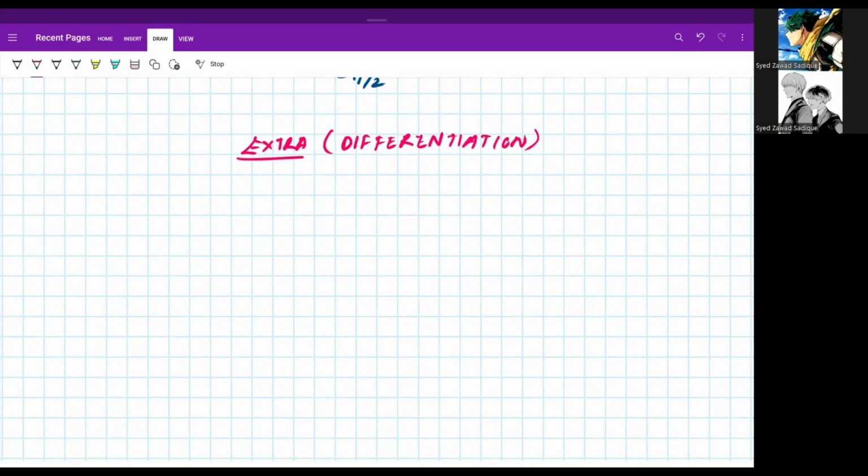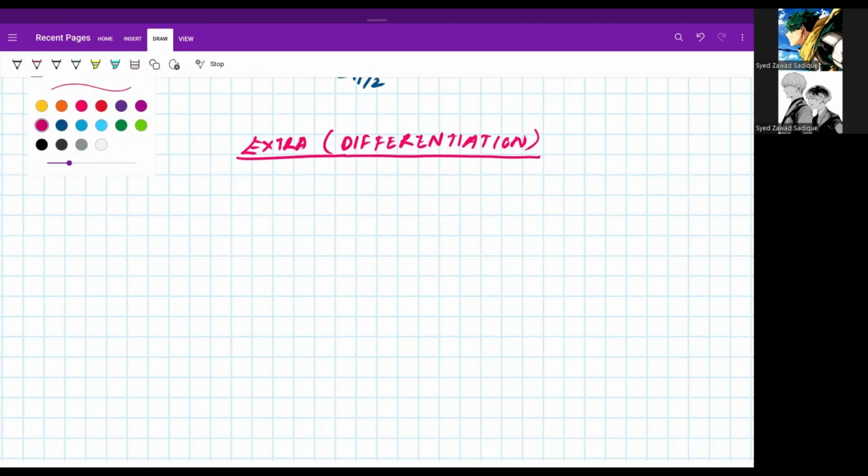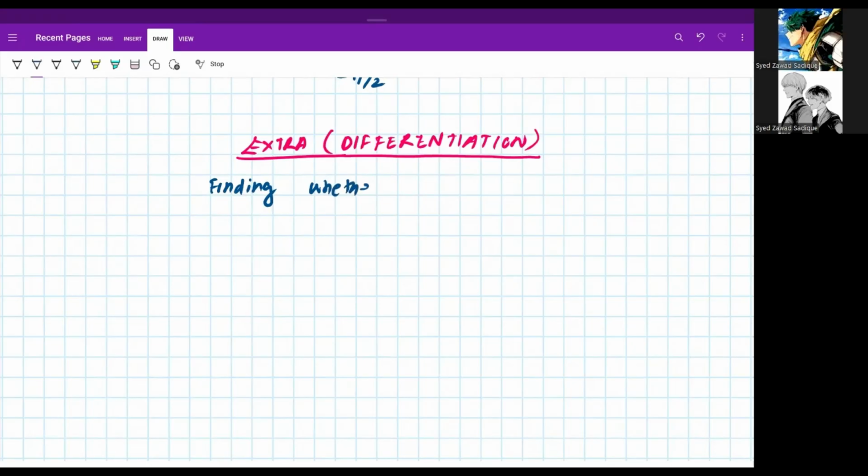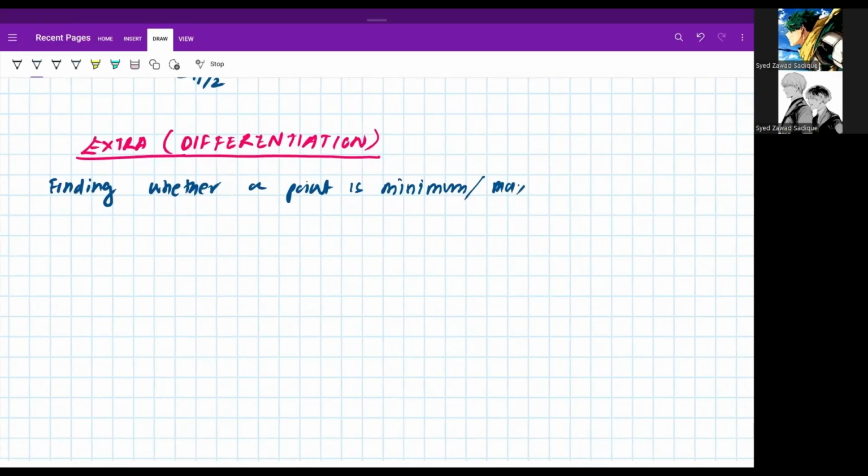This is an extra concept for differentiation that you guys, I think, should know. Okay. This is what I like to call it. Finding whether a point is minimum slash maximum.